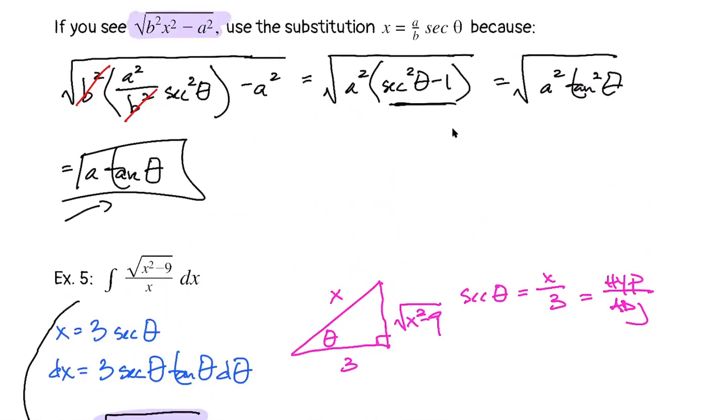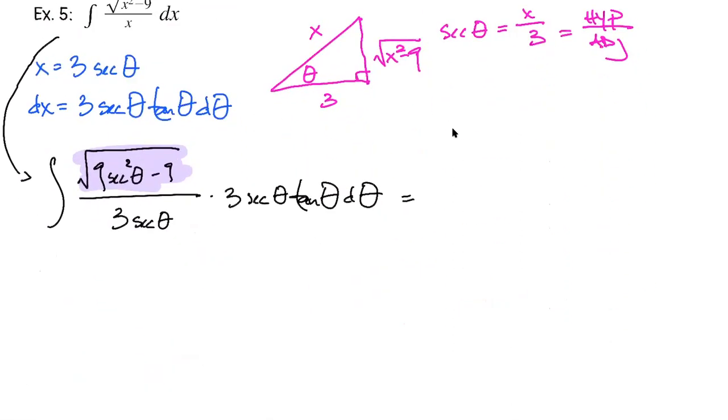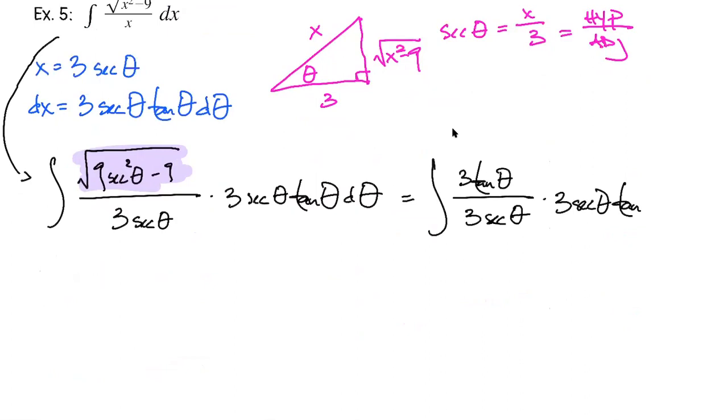So instead of working out all these simplification steps, I know it's going to simplify to 3 tangent theta. So this was just kind of saying, hey, I've seen this pattern a few times, and I know if it's underneath the square root that I can just simplify that right away, okay?